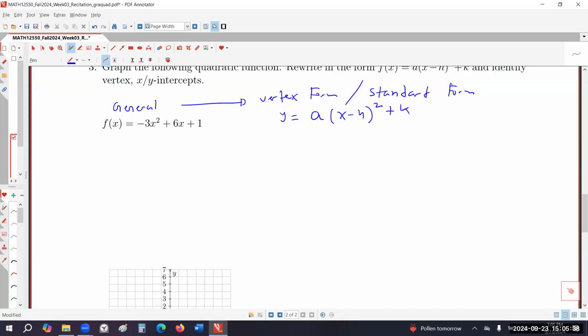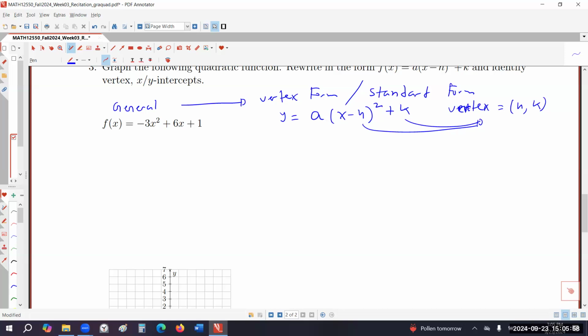It's called vertex form because we can see the vertex here. Combining h and k, they give us the vertex. That's why we like vertex form, because you can see the vertex.